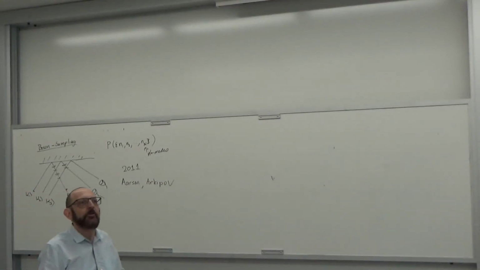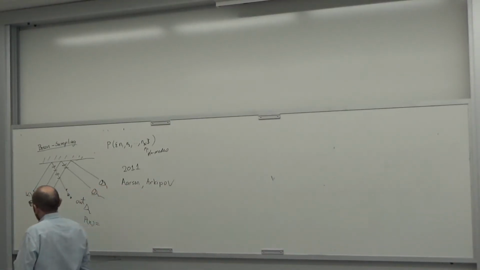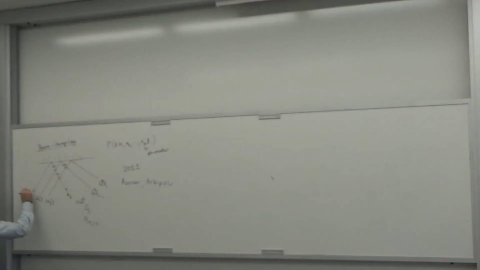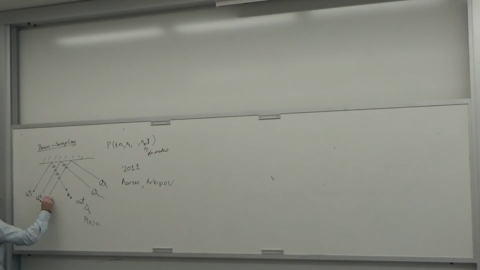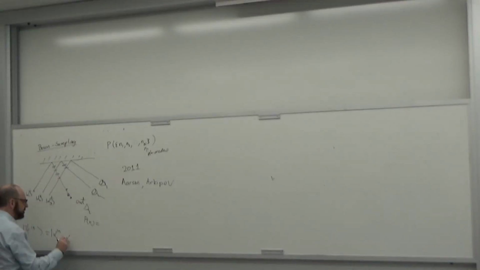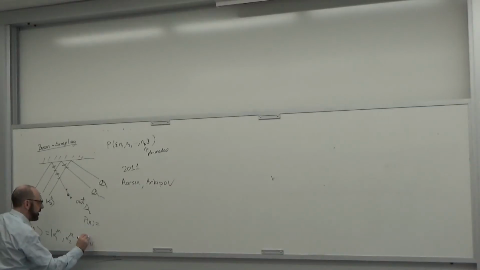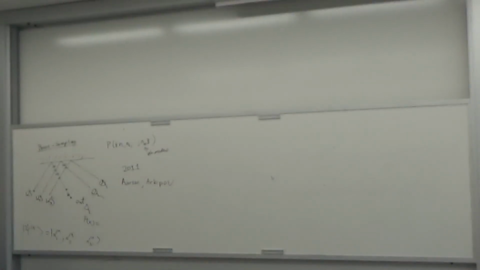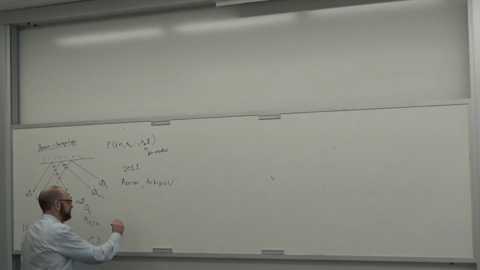So let me ask you, before we get into this, the following question. These are all my input. Okay, so my input state is, I have in each one of these modes a coherent state. What's my output state? Coherent state.